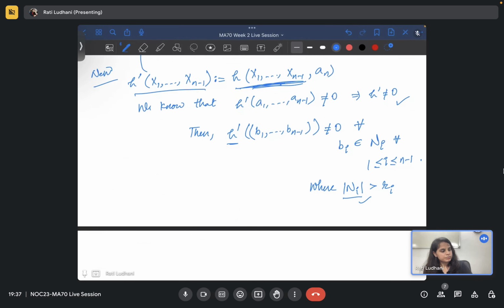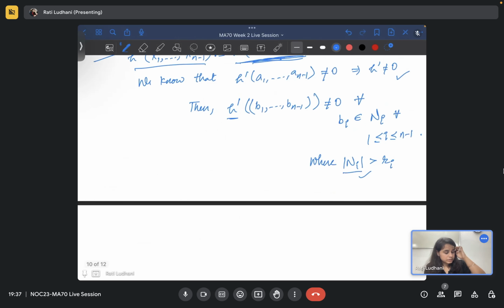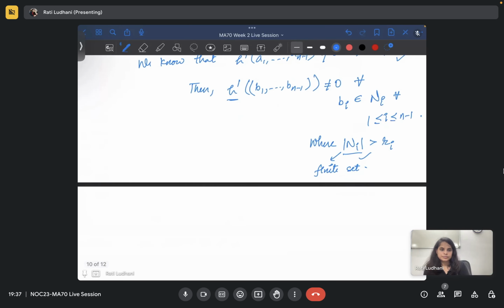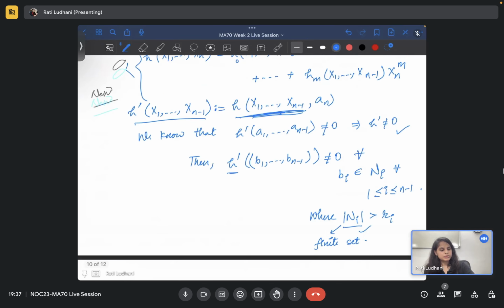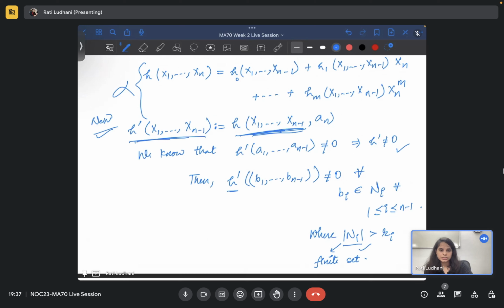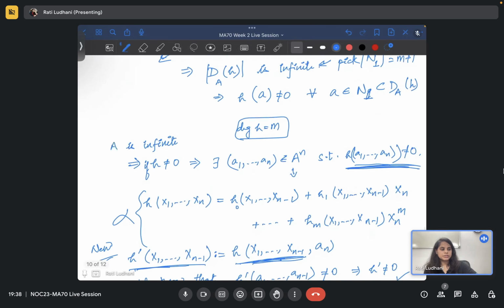Now there is something I need to brush up on. Ni is a finite set. That is important. We need to show that there exist such Ni's. I am using the induction hypothesis for h dash. For h dash, h dash is non-zero and the degree in xi is ri, the same. Yes, from the induction hypothesis it will exist.